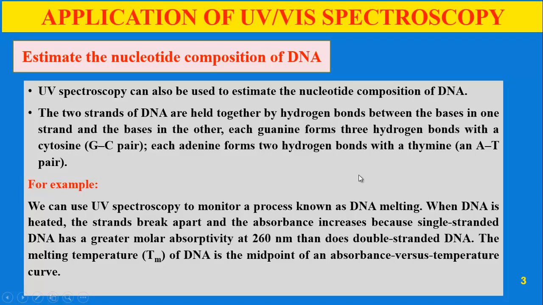By increasing the temperature, the DNA starts to melt, converting double stranded DNA to single strand. Normally the DNA absorbs at 260 nanometer when it is present in double helix.